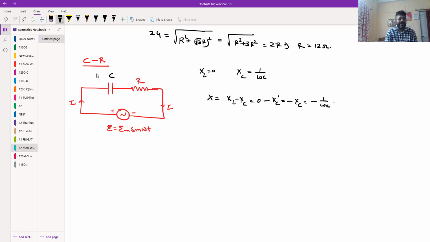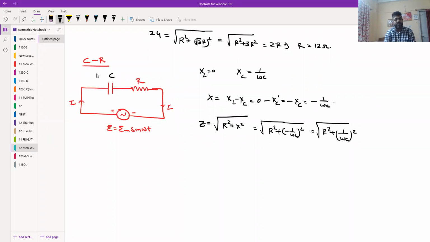Whether reactance is negative or not, it doesn't matter, but my impedance, which is always square root of R square plus X square, I can write R square plus 1 by omega C whole square, it will always be a positive value. Yes or no? Yes, sir.